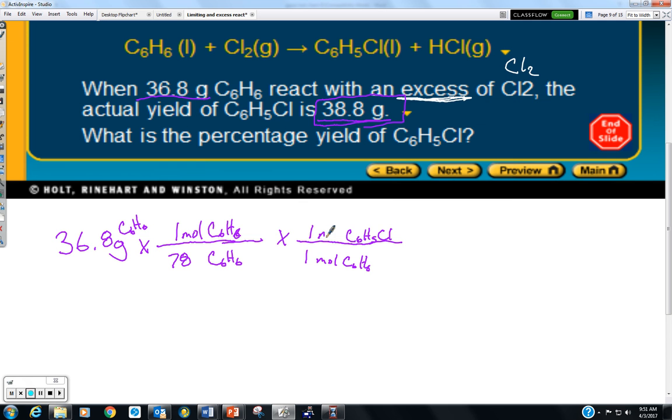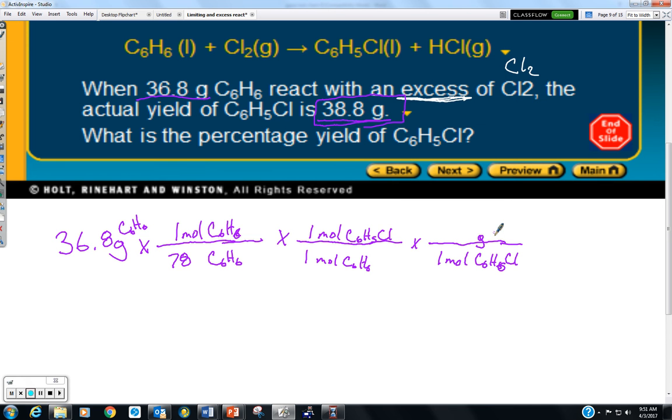It's a 1-to-1 ratio. So again, this step in this particular one is not necessary, but I want to show it just so that I know what I'm doing. And then I need to go back from moles to grams.